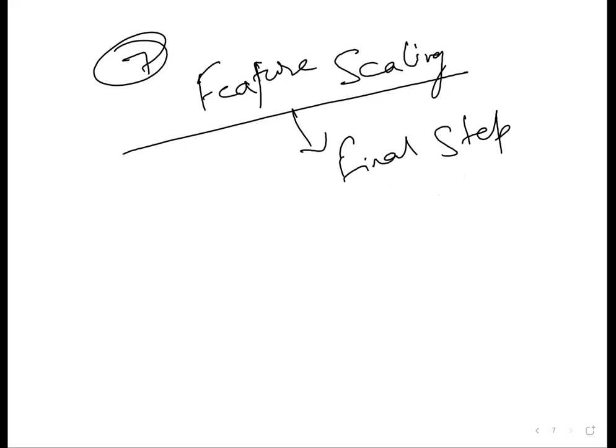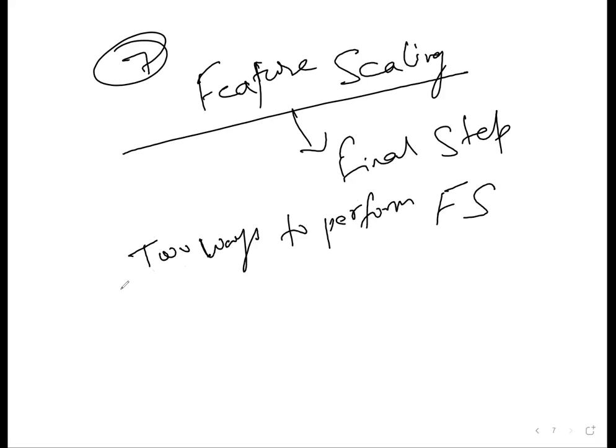Feature scaling can be performed using Euclidean distance and some standardization processes. Mainly there are two ways to perform feature scaling in machine learning.